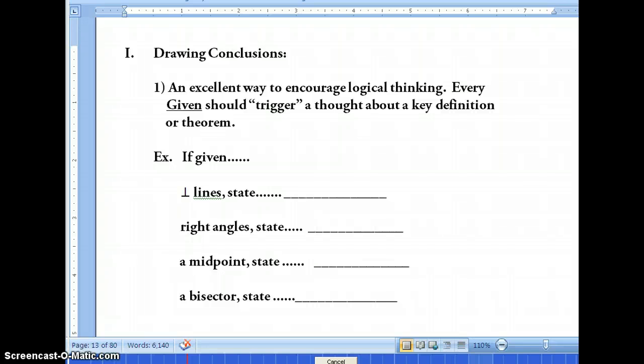When we say that we are given perpendicular lines, what does that mean to you? If you're given perpendicular lines, you should be able to state, that's right, you have right angles. That's what perpendicular lines give us.